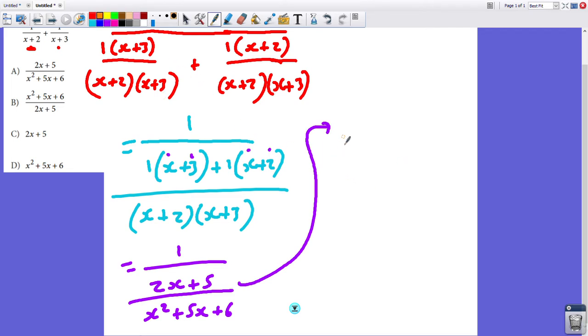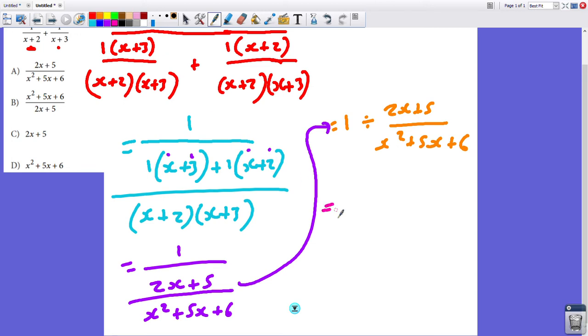Now I can write this in a more convenient way, so I can write this as 1 divided by 2x plus 5 over x squared plus 5x plus 6. Here I will use the keep flip change method.